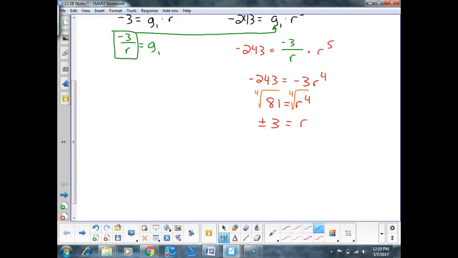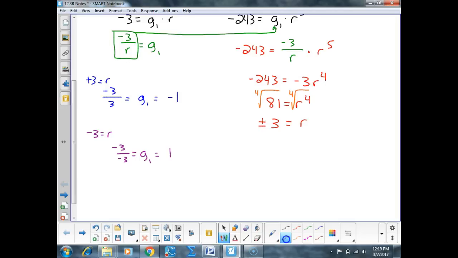So I put plus 3 into my equation. So negative 3 divided by positive 3 gets me my first term of negative 1. Negative 3 equals R. Says negative 3 divided by negative 3 is my first term, which is positive 1.